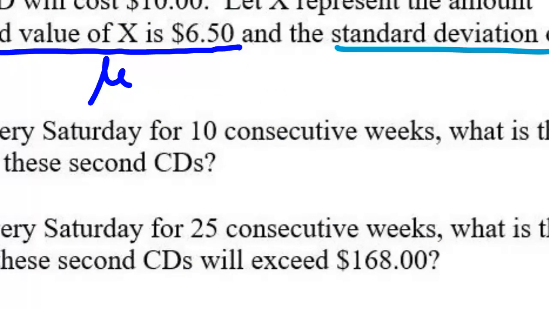So what is the mean for X bar? Does this every week for 10 weeks. How would I calculate the expected value for this? Super close, except I want to look not just at what's the average of what they would spend over those 10 weeks.